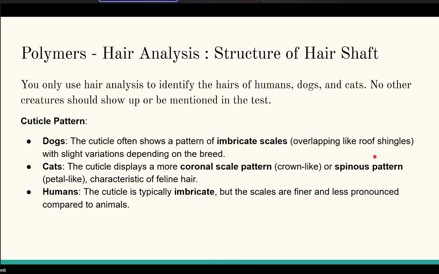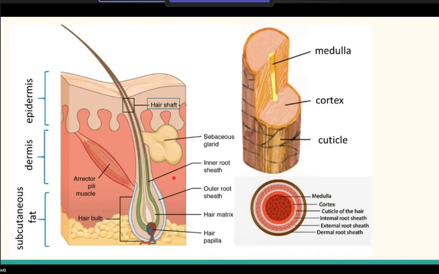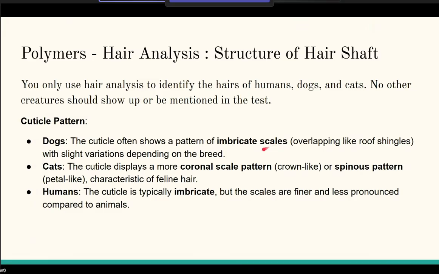And then there's hair analysis. The only hairs that you need to know are cats, dogs, and humans, or those are the only ones that you're even allowed to look at. They are best identified by looking under a microscope. I will have a picture later, but the cuticle pattern here, the cuticle is the outside. Essentially for dogs, it's imbricate scales, overlapping, with slight variations depending on the breed.